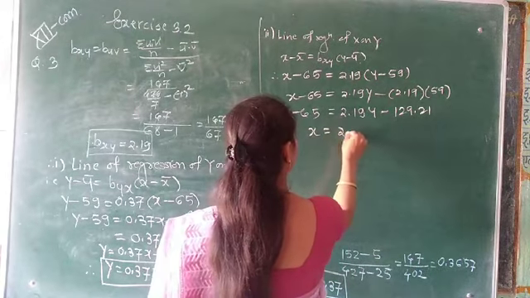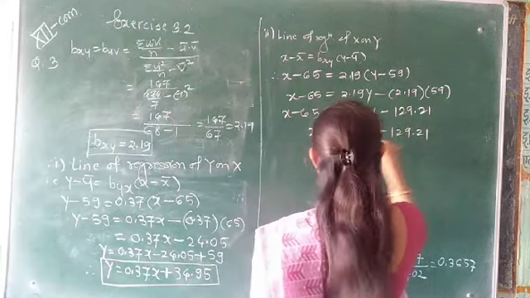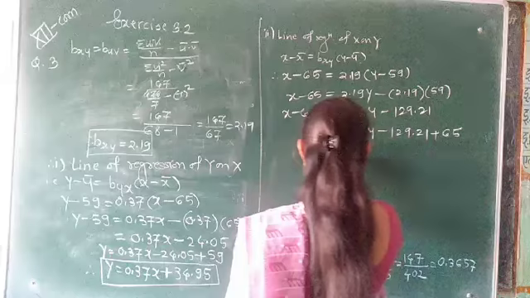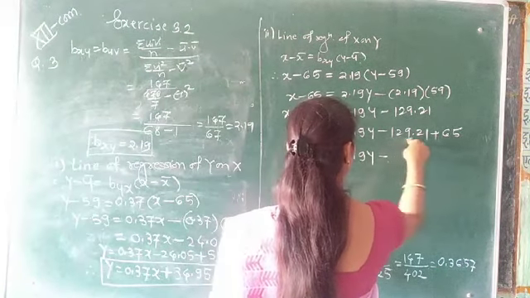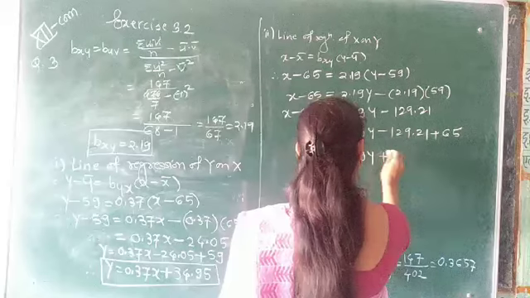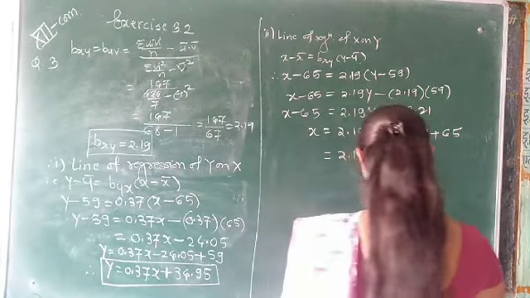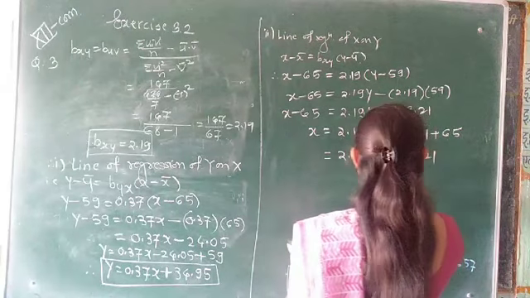Therefore, x is equal to 2.19y minus 129.21. The minus 65 on that side becomes plus 65. Hence here we will get 2.19y, and the sign is minus, since 129.21 minus 65 is 64.21.